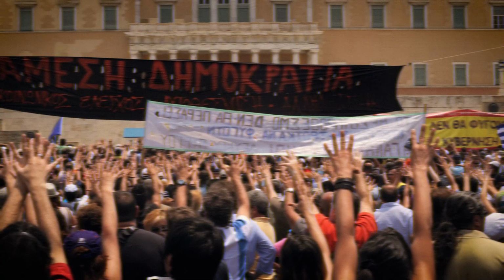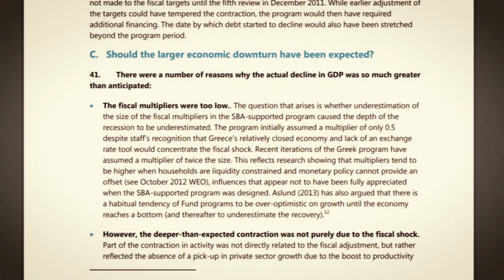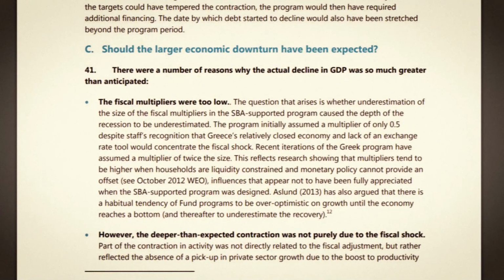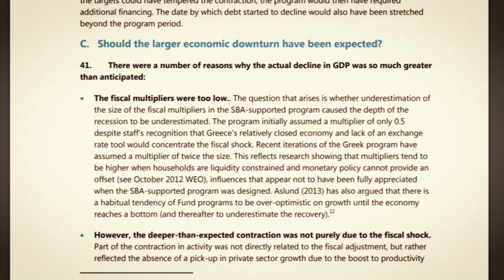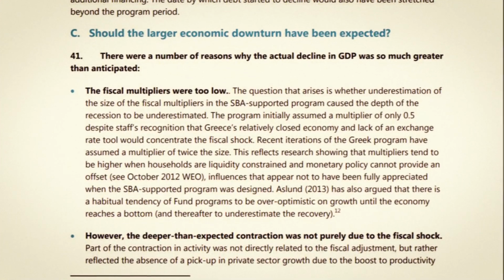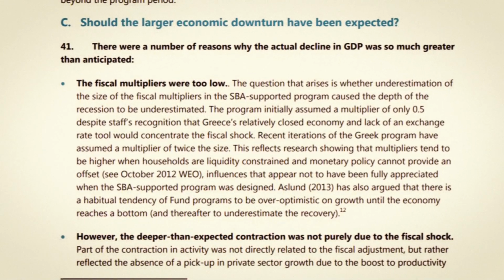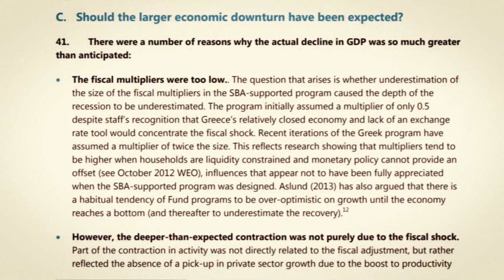Now, what happened was that they imposed that austerity and the economy collapsed. And later that year, the IMF was forced to put out a document apologising and admitting that in their modelling that led to the bailout package and the austerity, that they had made a mistake with the multiplier. And in actual fact, the multiplier was about 1.6 or something.